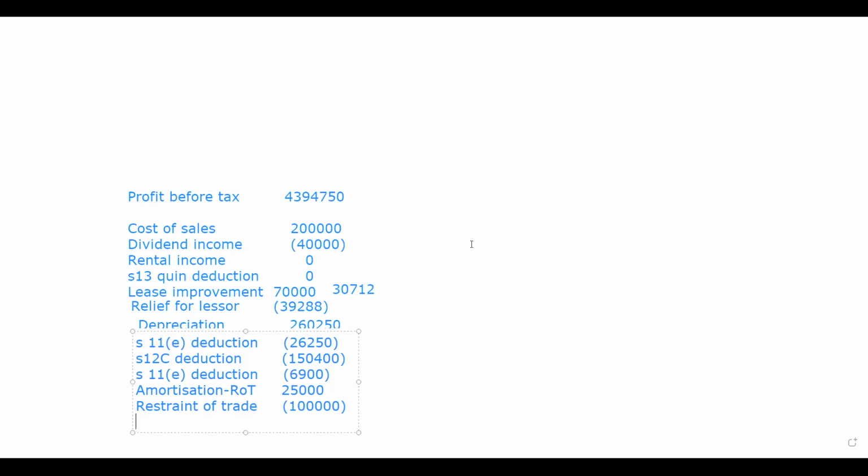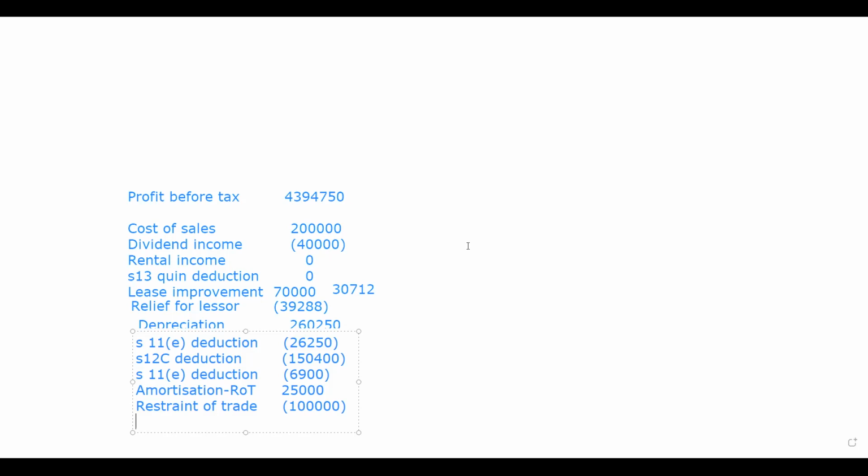Okay, so where do we start with this? Every time when you're doing anything with assets, the first point you start at is the allowance. So let's start with this year's allowance. Let's firstly get the cost of this. So what section applies? It's section 13, right?